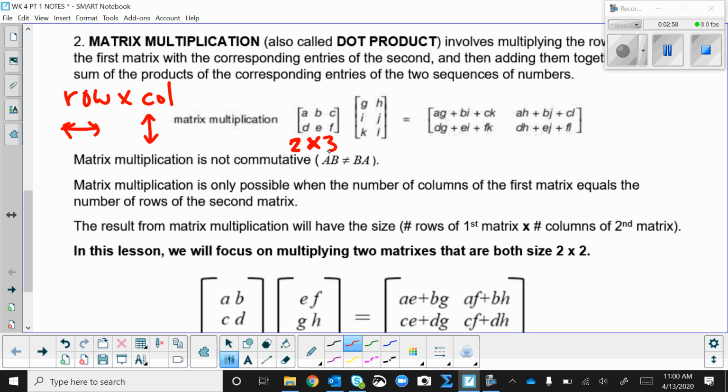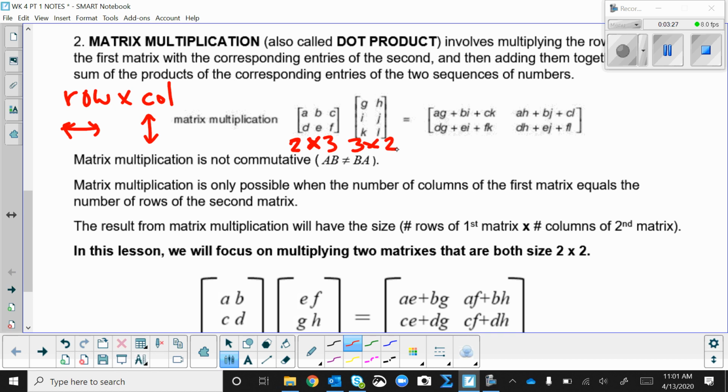Now take a moment and write down underneath the second matrix what its dimensions are. Hopefully you came up with 3 rows. That's how many things are going horizontal. And 2 columns.